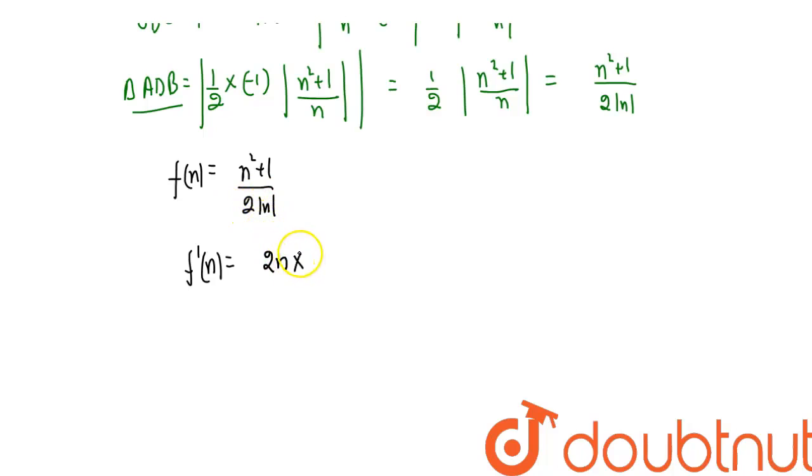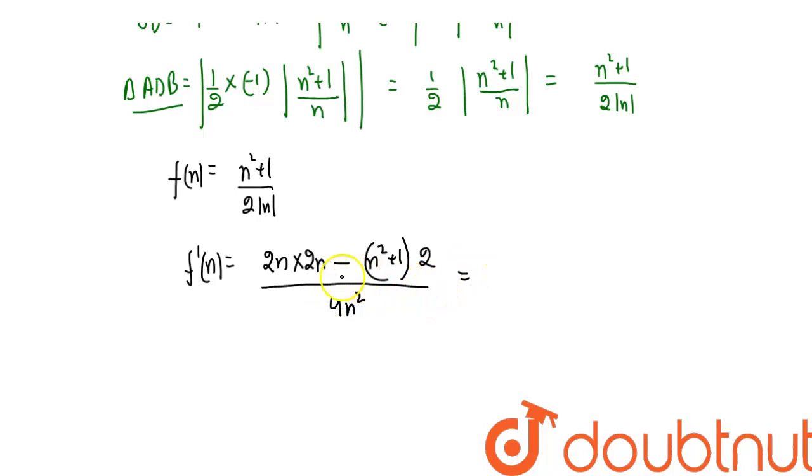Minus the numerator as it is multiplied by the differentiation of the denominator. The differentiation of 2n is 2, whole divided by the square of the denominator, that is 4n square.